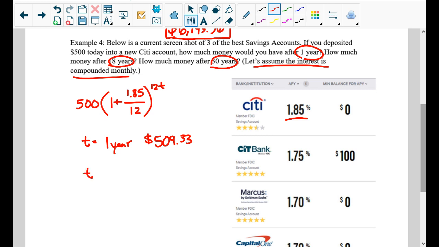If I plugged in 18 years, we get $697.39. And then if I plug in a 30, I get 870.6. Again, that's just a savings account, very low yield on return for this.